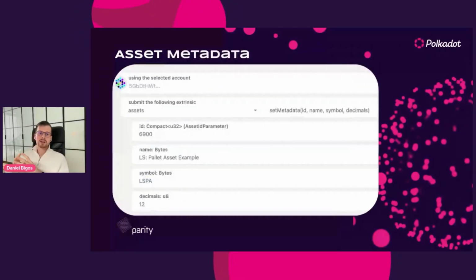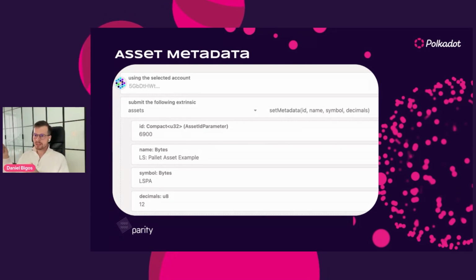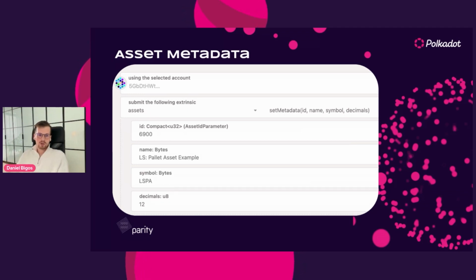Having created an asset, we need to describe the asset. And the asset is described by its metadata. What does metadata contain? In metadata, we can find information about the name of the asset. We can find information about the symbol of the asset, and also about decimals. And what are decimals?